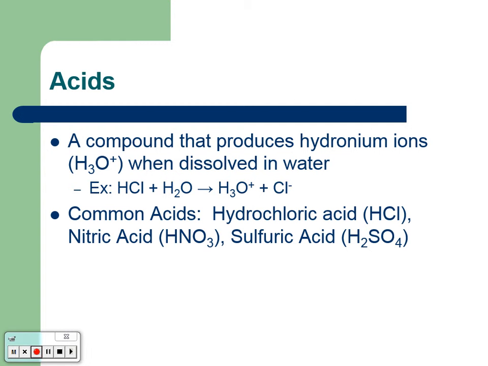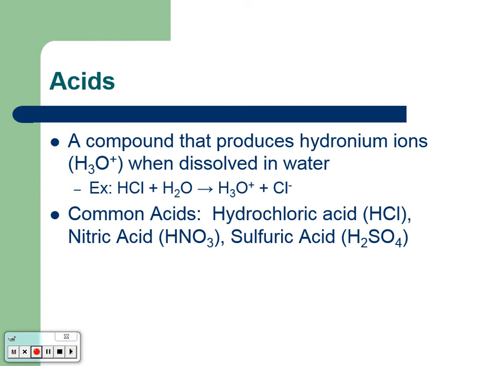You'll find them in things like drain cleaners and toilet bowl cleaners and stuff like that. But there's also a lot of acids that show up in fruits. Things like citrus fruits have acid in them, and the stuff in those citrus fruits, when it dissolves in water, does this. All right, good there?